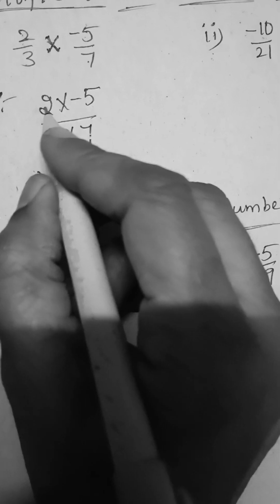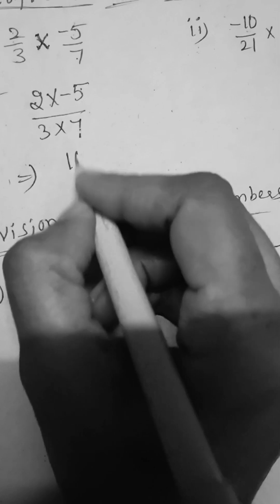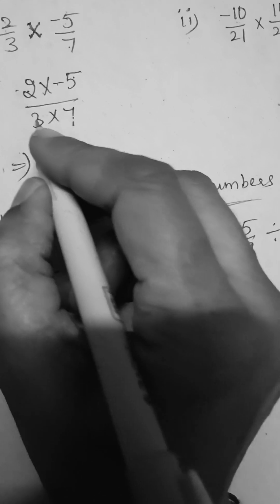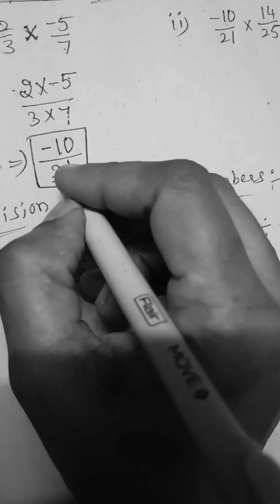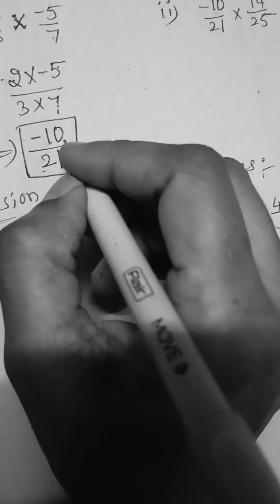So what is 2 into 5? 10. Here plus into minus, minus number. And 3 into 7, 3 sevens are 21. This is our answer. Plus into plus only, na? If you write plus or do not write anything, that is a positive value, I said, no? Yeah. And next, come to the next solution.